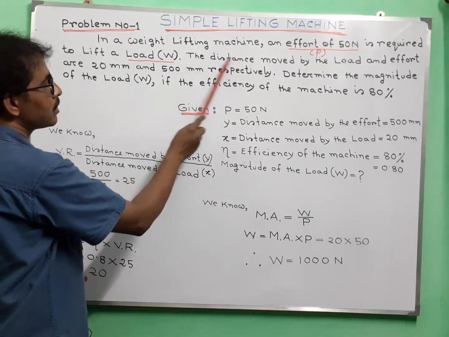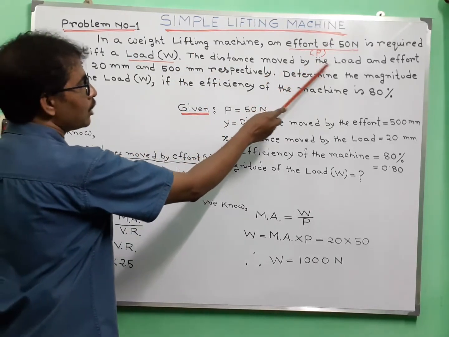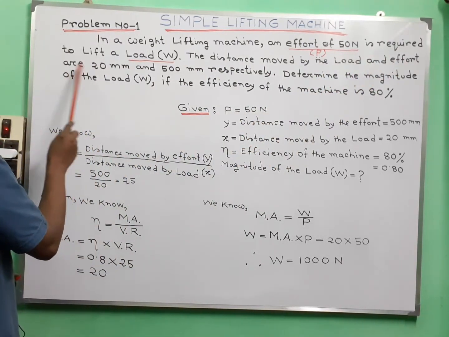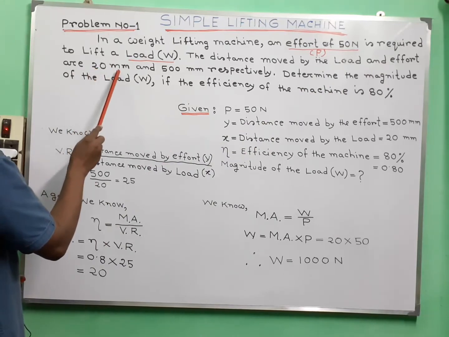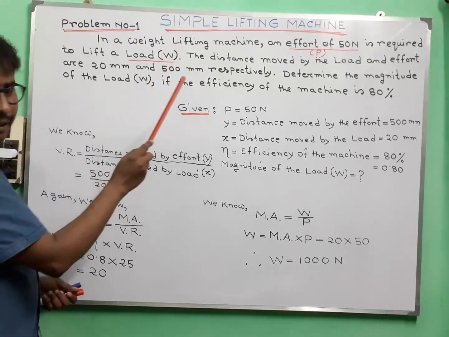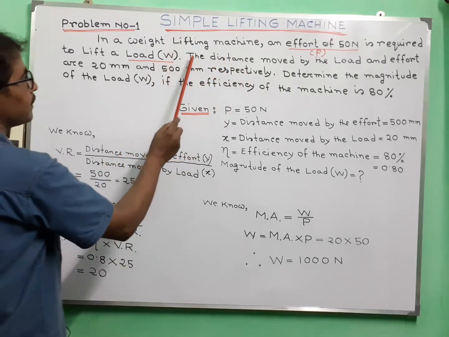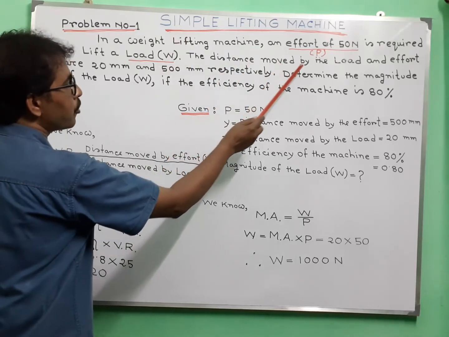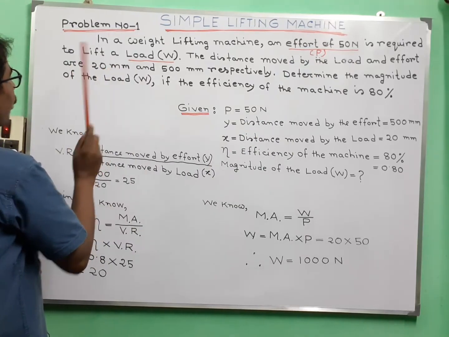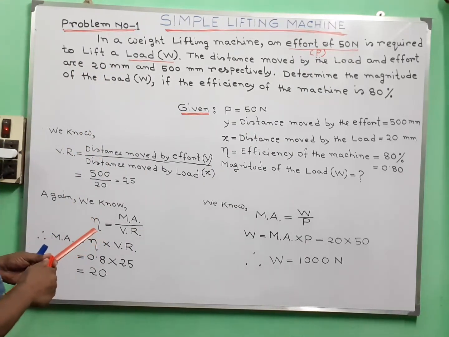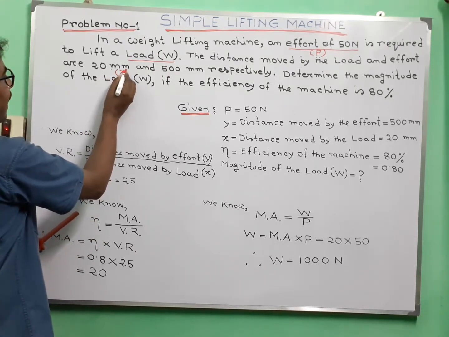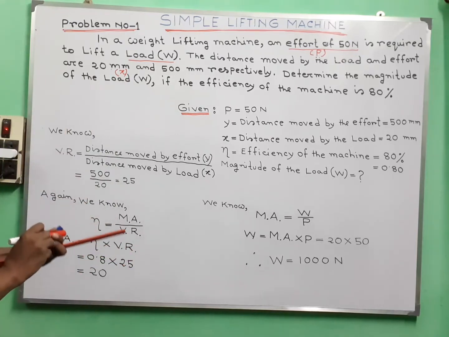The distance moved by the load and the effort are 20 millimeter and 500 millimeter respectively. The distance moved by the load is 20 millimeter, denoted by x.